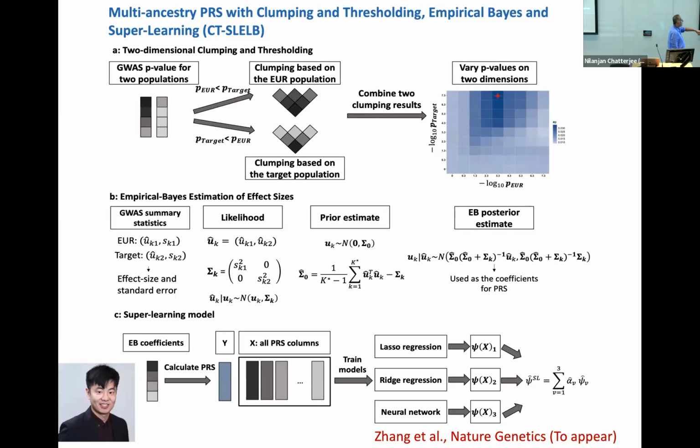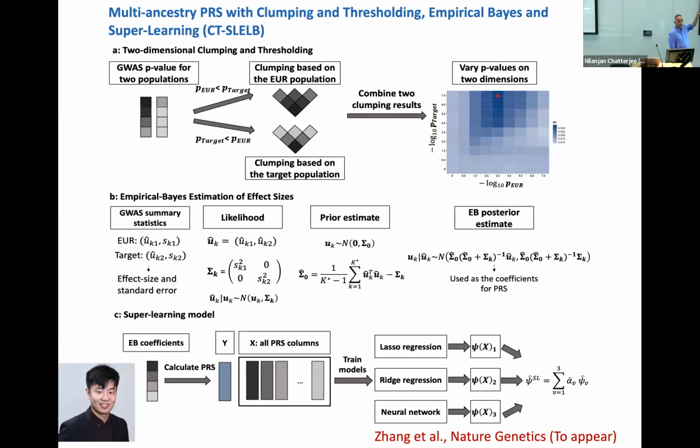And then finally, we add what is called a super learning step. Usually in this kind of thresholding idea, you try multiple thresholds or multiple tuning parameters, and then at the end you pick one optimal tuning parameter in an independent data set, to see which combination of tuning parameters gives the best performance. But instead of doing that, we take all the polygenic scores we get for different combinations of thresholds and put them in another model, and this is called the super learning step.